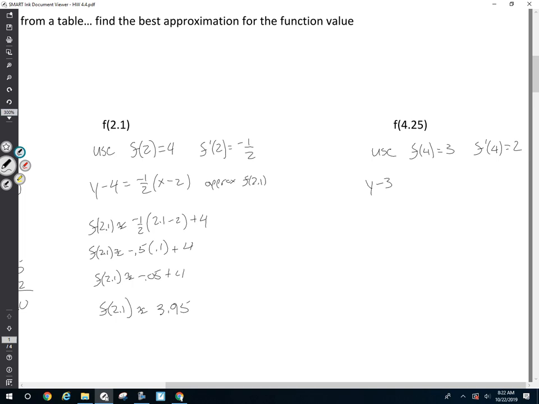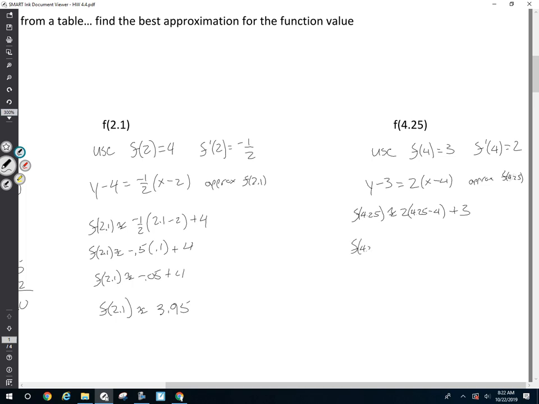So my equation is y minus y1 equals m times x minus x1. Approximate f of 4.25 if we don't know. So instead of y, f of 4.25, add the 3 over. It's approximately 2 times 4.25 minus 4 plus 3.